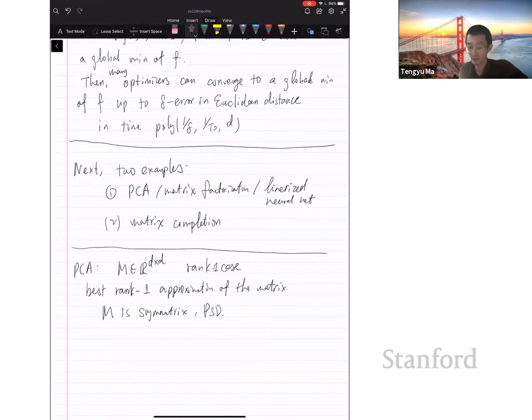In this case, the best rank 1 approximation is basically the eigenvector times the eigenvector transpose, up to some scaling. So this is not a hard problem. You can just run any eigenvector solver to find the eigenvector and then scale it properly, then you get the best rank 1 approximation. But just for the purpose of this class, we are interested in this non-convex objective.